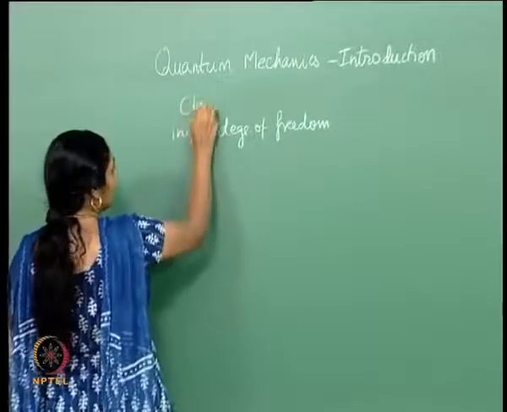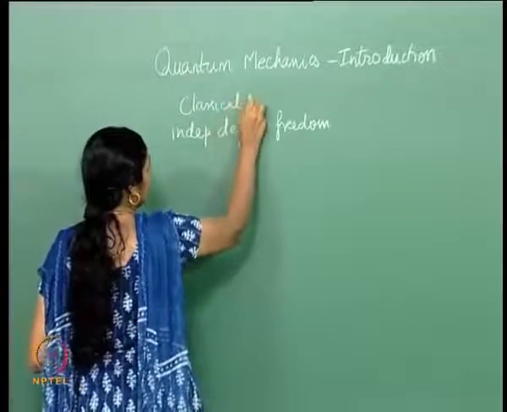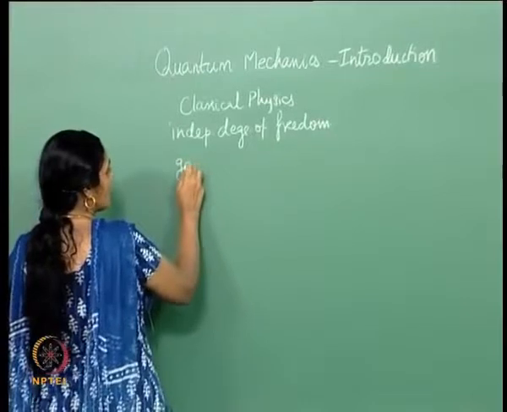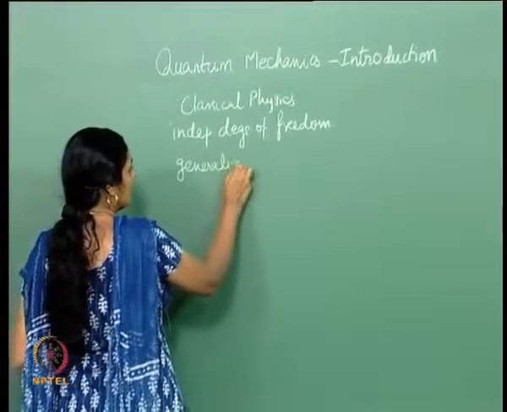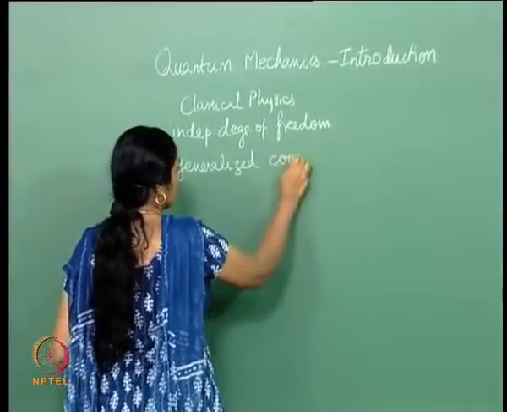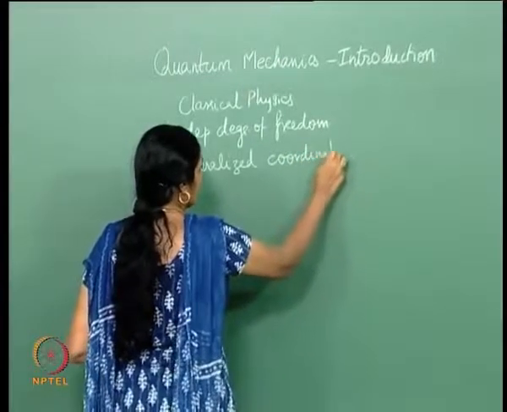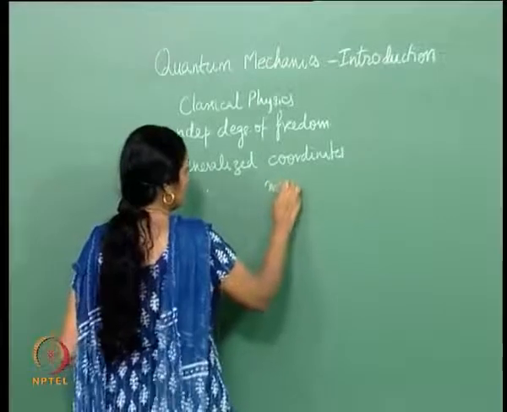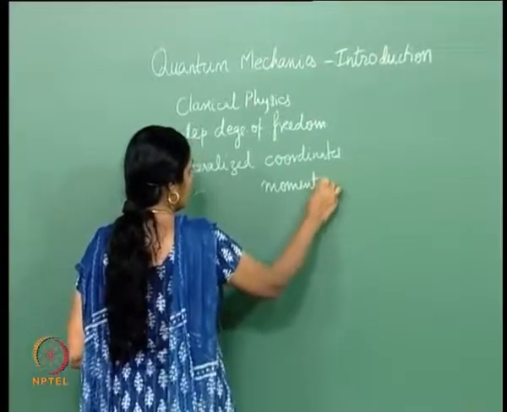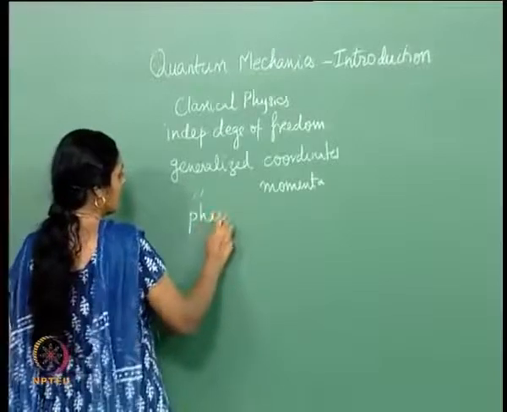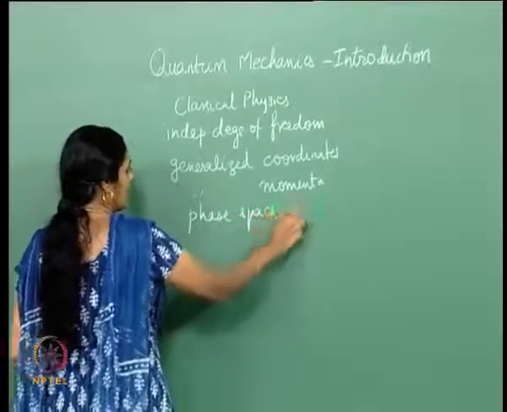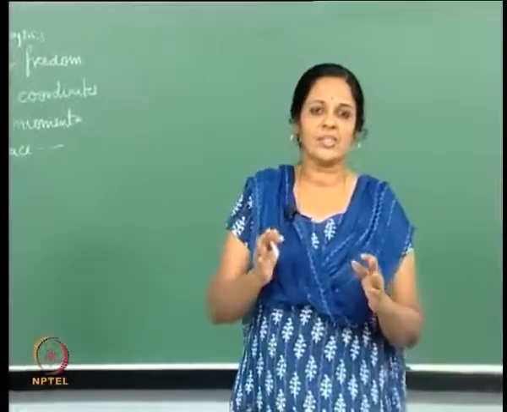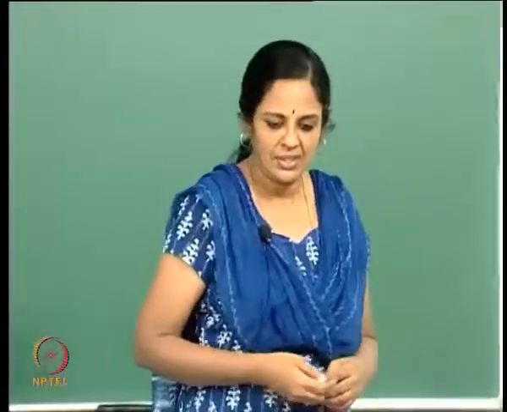This is all from classical physics: generalized coordinates, of course generalized momenta, phase space, and so on. Some of you might even be aware of the richness of the structure of phase space.